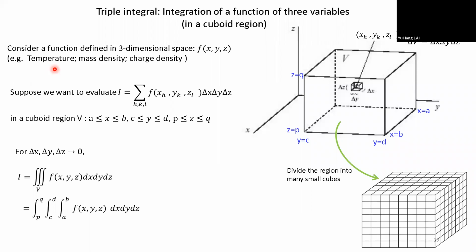If I want to describe the temperature in this room, then I need a function of three variables. I need to give you the x, y, z coordinates of a point, and then I tell you the temperature. So temperature in this three-dimensional space in this room can be described as a three-variable function.